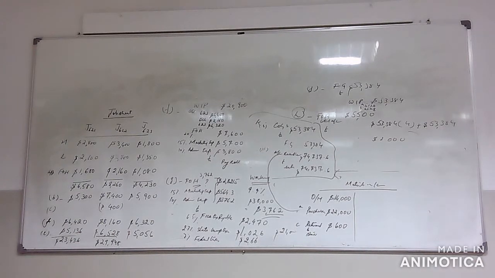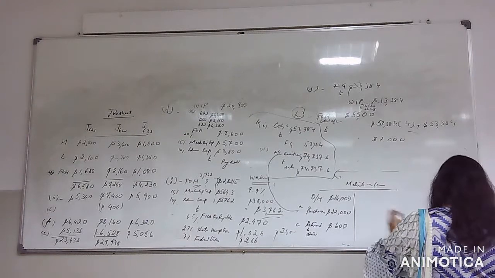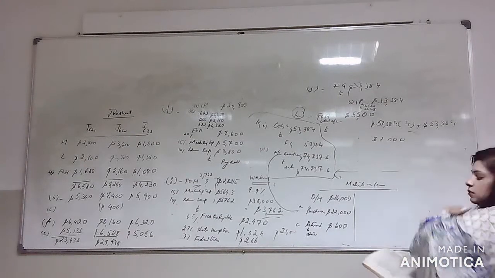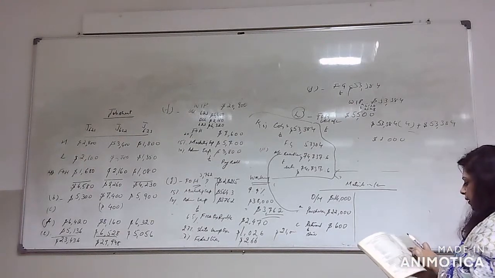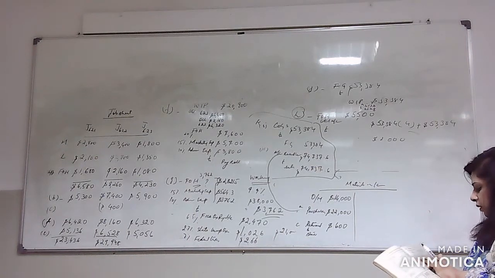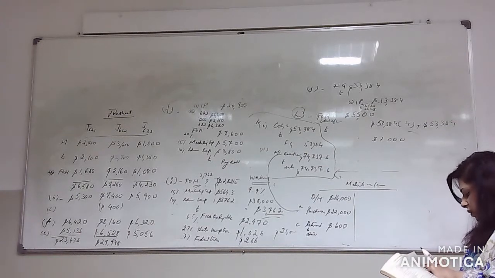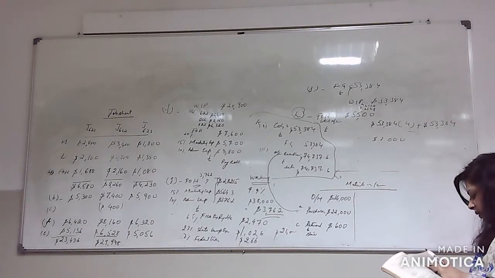Okay, so now this is the B part. If you look at this, it says material requisition for production, 21,000, of which 2 was for this, the difference was distributed.